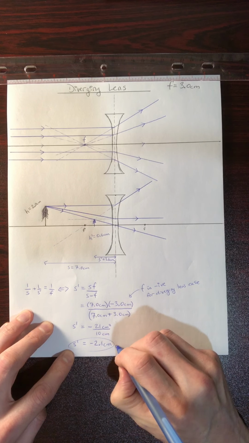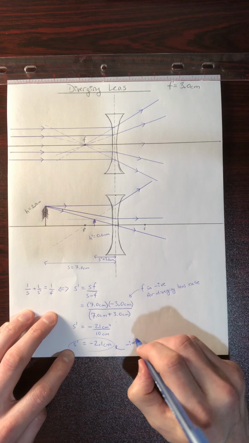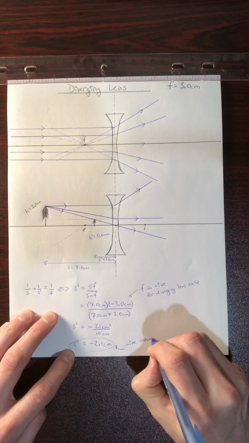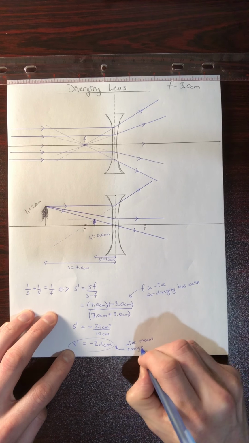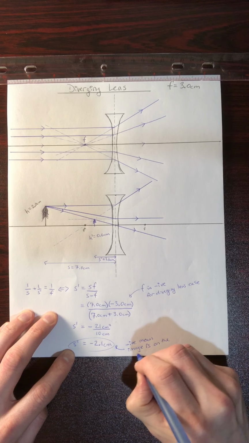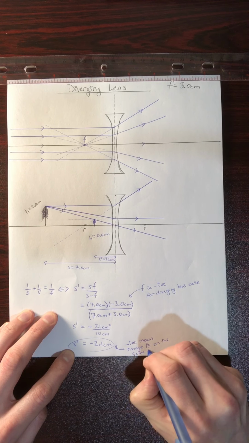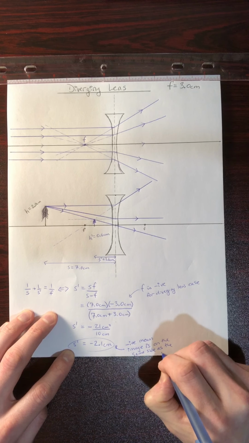Okay, and in this case, we have this negative again, and that means the image is on the same side as the object.